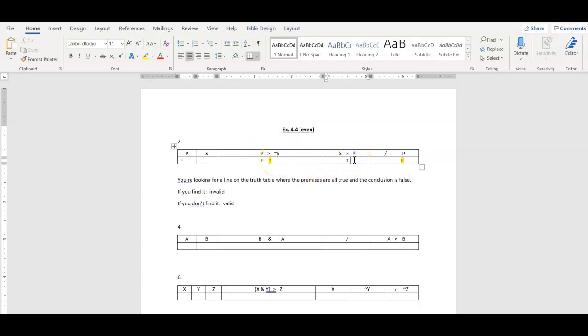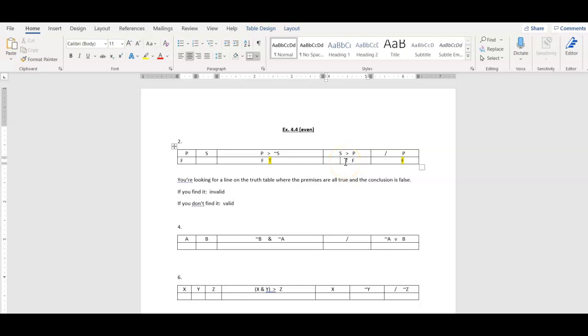Now, if P is false, that means it's going to be false here as well. And if we have a conditional that has a false consequent, the only way to make it come out true is if the antecedent is also false. Because if this antecedent were true, then you'd have a true antecedent and a false consequent, and it would be false.